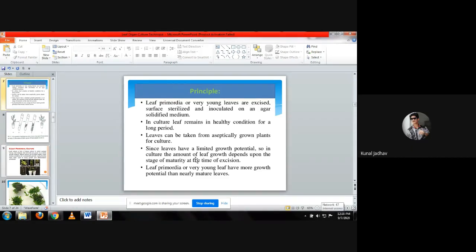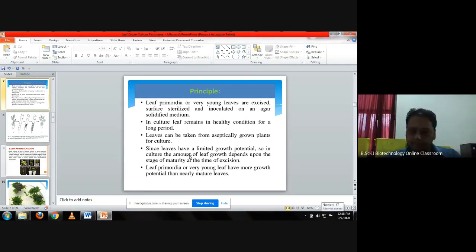Yes, sir. Then leaves can be taken from aseptically grown plants for culture. Now see, when you are selecting a seed, the embryo is inside the seed. If you are taking a shoot, it is inside the many covers of the leaf. But here you are taking a leaf, and on that leaf surface a lot of bacteria and fungi are there.